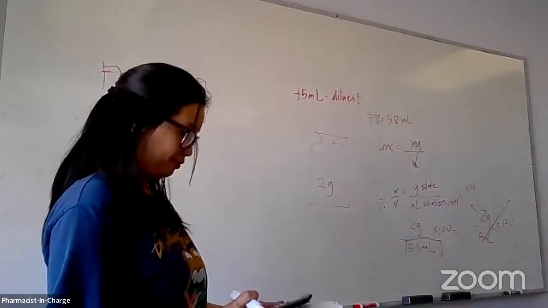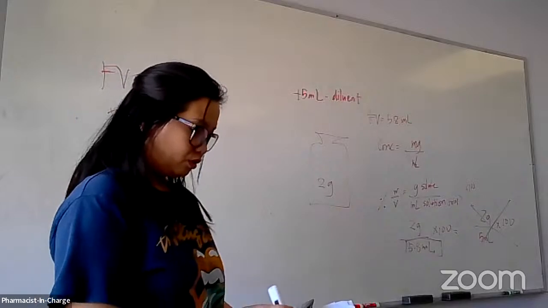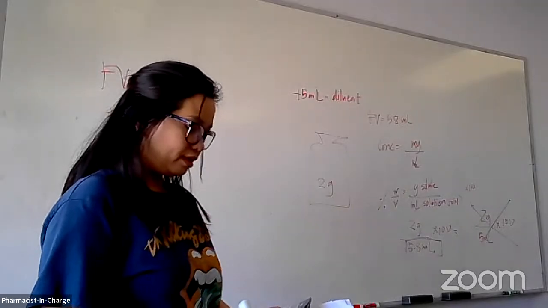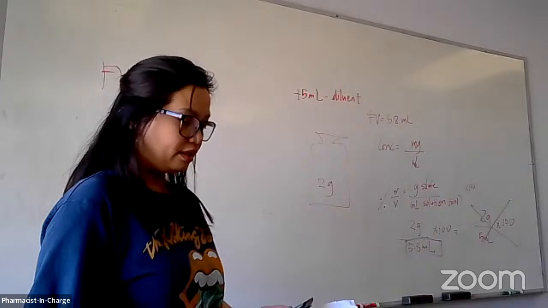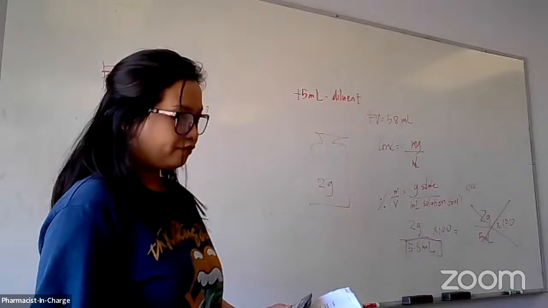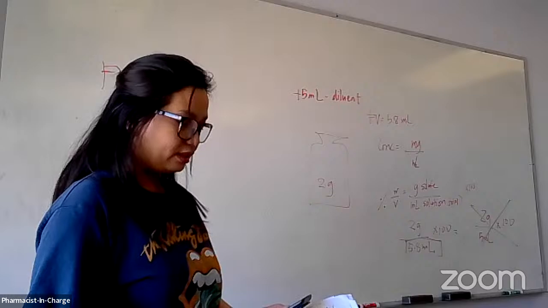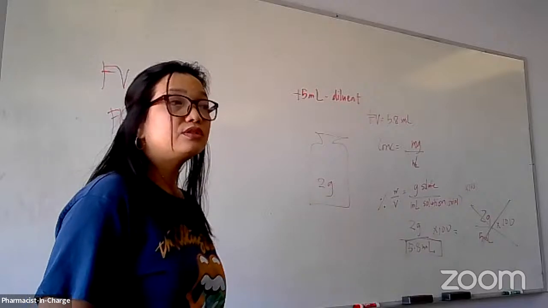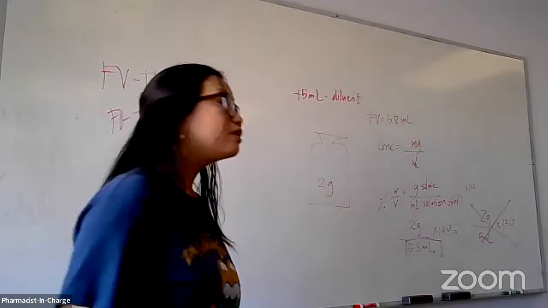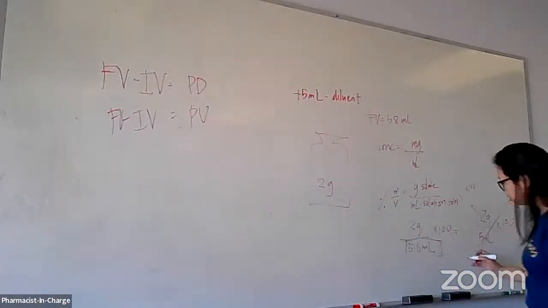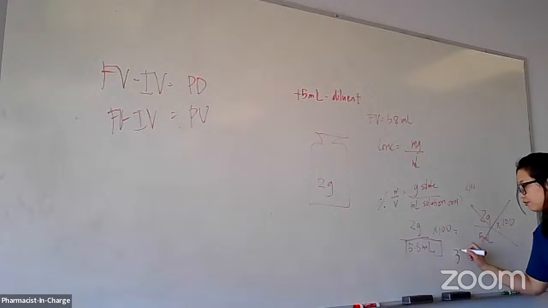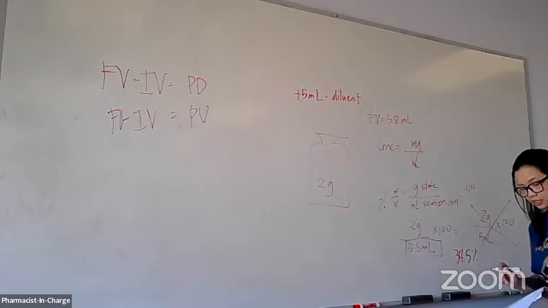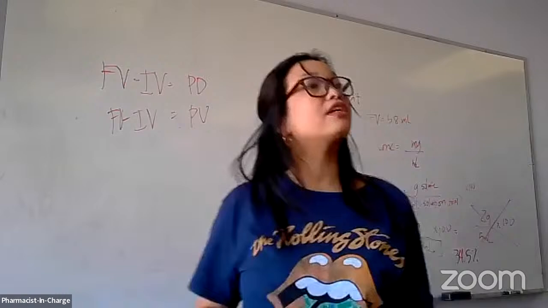Anyone? 2 divided by 5.8 equals 0.344 times 100. What's the exact answer? In percentage. 34.5%. Okay, correct.